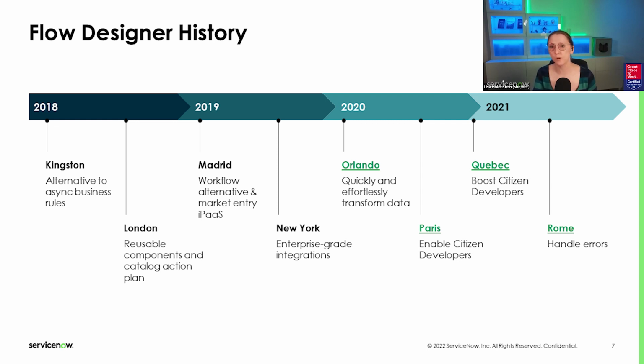Then in Paris, we went further, we added run with roles. Before, flows would only run in a system administrator context, but now we can actually determine which roles it should be running in, which is a super awesome security feature because a lot of flows run in the context of the user that is triggering the flow. For example, somebody posting a work note or a comment on a task, but that person may not necessarily have permissions to write to a different record.